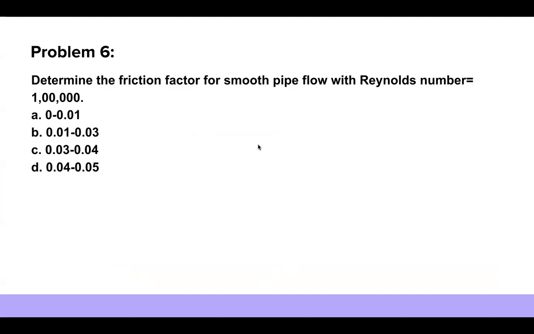Determine the friction factor of a smooth pipe with Reynolds number equal to 1 lakh. So I'll give you 2-3 minutes. You can just put the answer in the chat box.